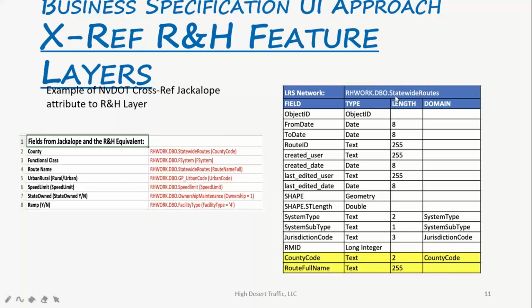And I think, Chris, I wanted to ask, is this the full list of it? He's color-coded in yellow what would be coming in from roads and highways. So Joe would be able to say, oh, county code from statewide routes is what's going to be related to the site attribute county.